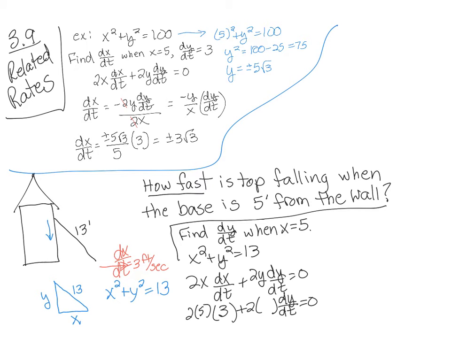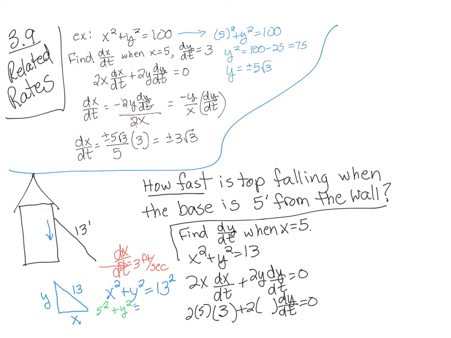If x is 5, I made a mistake writing this down. It's 13 squared. There we go. Which is, I can't remember, 169.